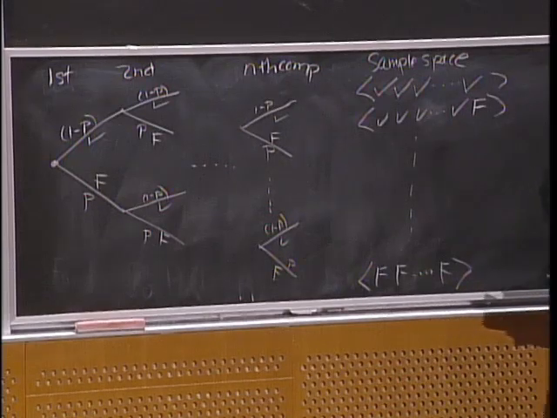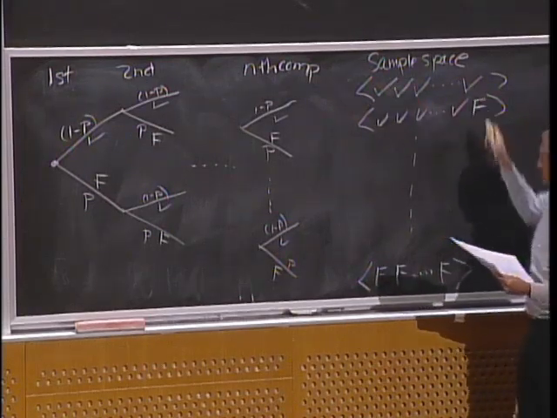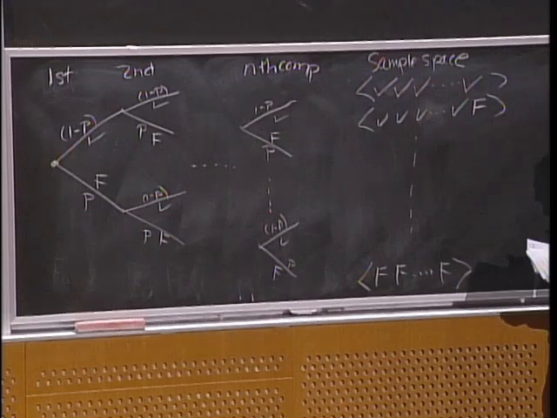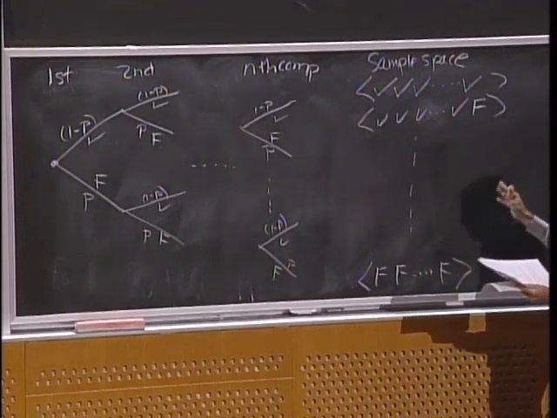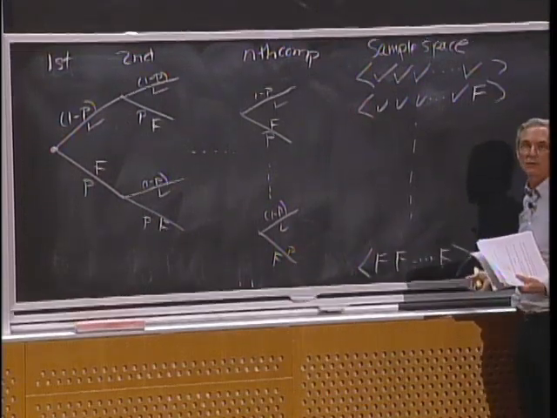All right, so how many sample points are there in the sample space with n components? 2 to the n, because you got n positions. There's 2 choices for each value there. Now, how many of the sample points have exactly k failed components?